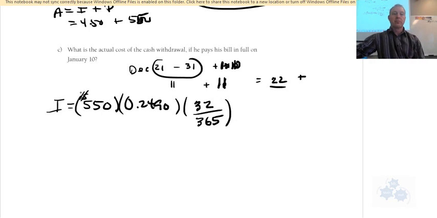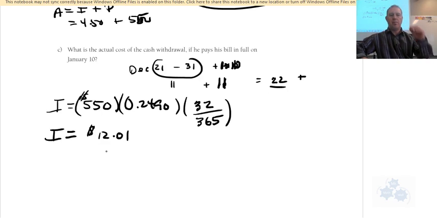Okay. So 550 times this, what do we get? Let's see, I think we should get around 12.01. Does that make sense? Anybody else getting that one? So I think it might be best just to count the days on the calendar, honestly. Yeah, might be just easier. Did you get that? What'd you get? 12.5. You get 12.52?